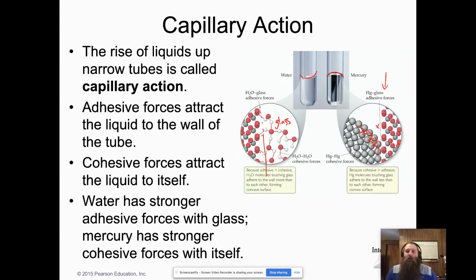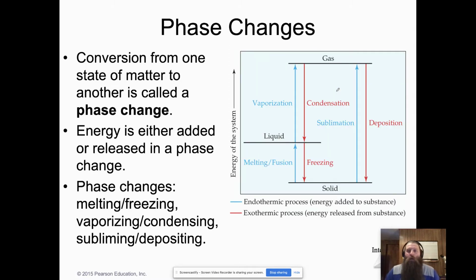So if we see the concave meniscus that water has, then we can surmise, okay, there are strong intermolecular forces of attraction between whatever the substance is in the test tube and the glass wall of the test tube. On the other hand, if we see this convex mercury-shaped tube here where we have the dome top, then we can say, all right, well, there's not really an intermolecular force at play between whatever's in the test tube and the glass wall.